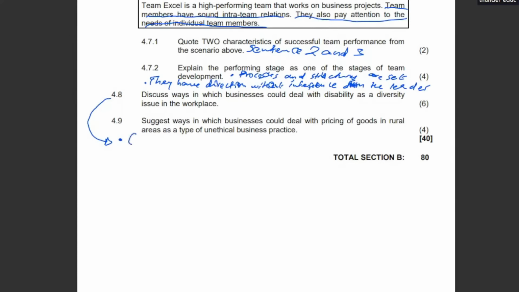A business should create this organizational culture that is conducive for people with disabilities.